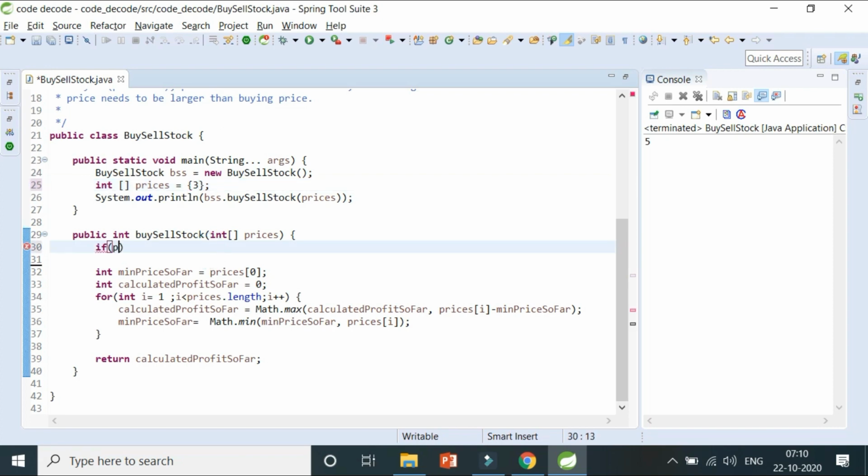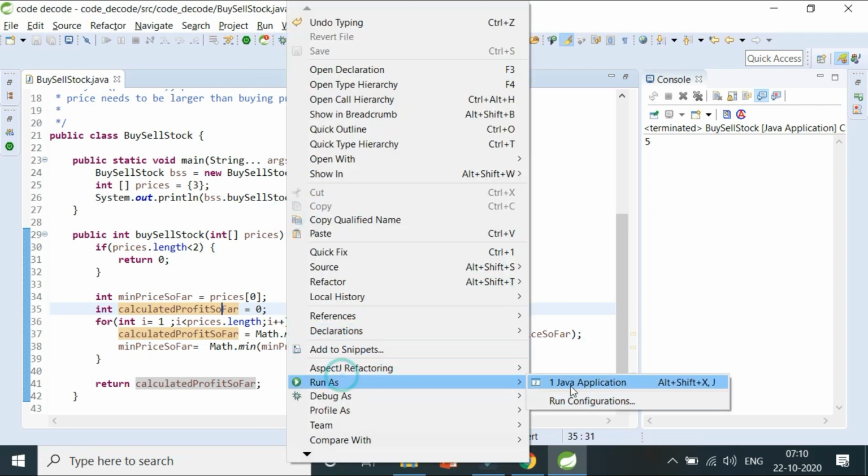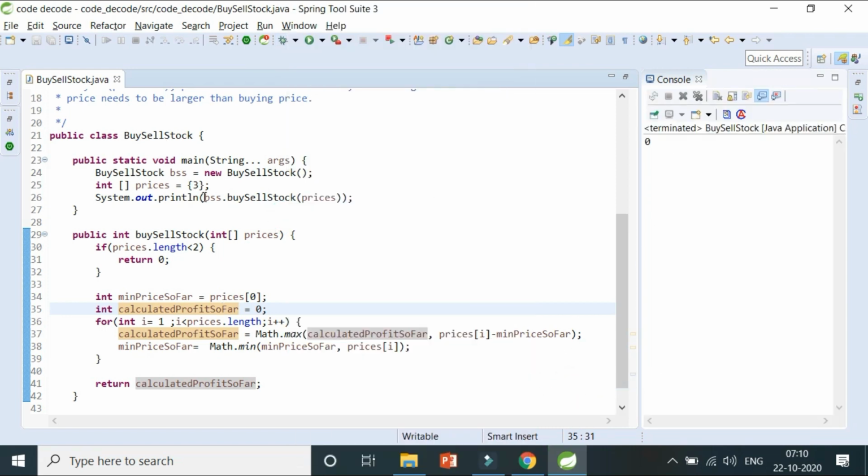So if prices dot length is less than 2, then we have to return 0 because that's our profit. So let's check it. Okay, so this is 0.